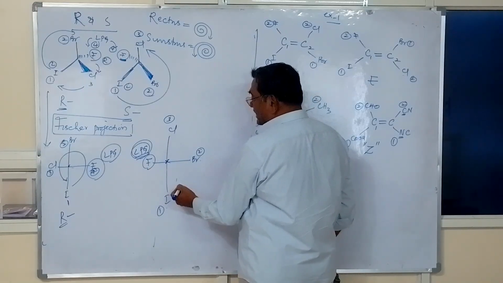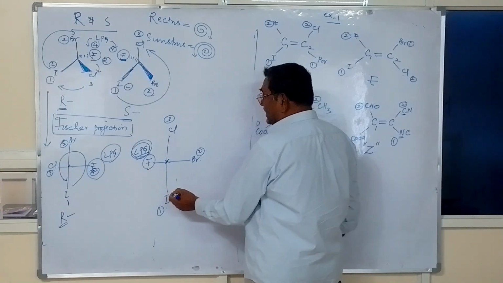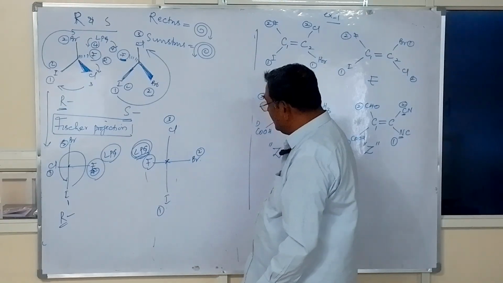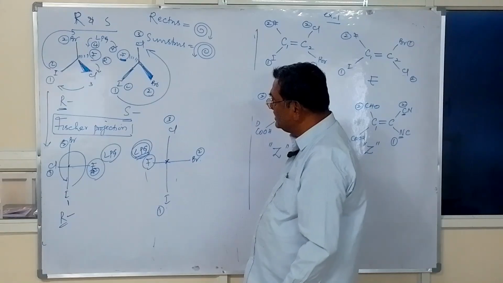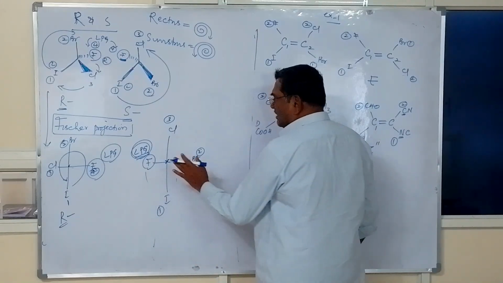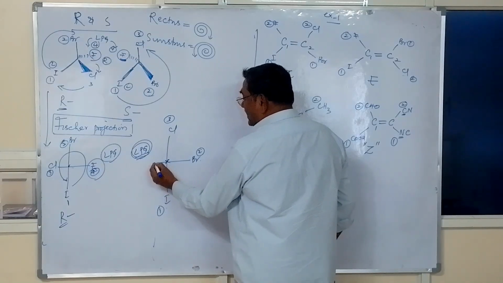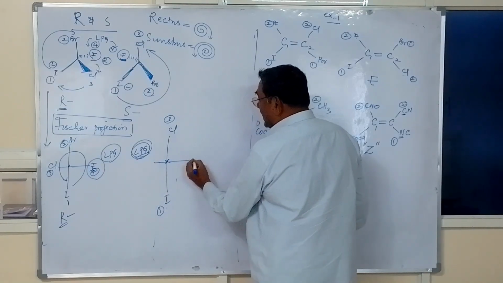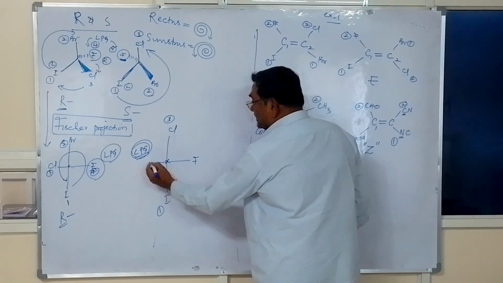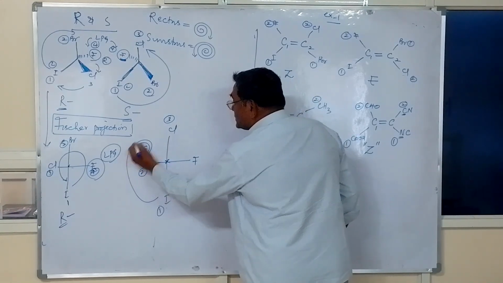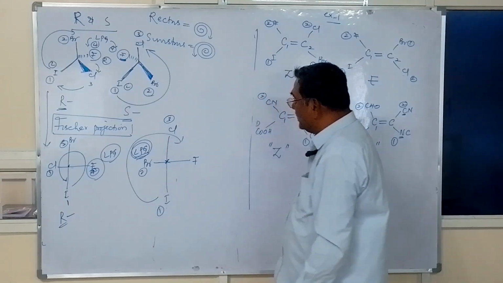Whatever is called here, it's anti-clockwise direction. No, children, there is a small rectification. Whenever it is going to be left side of this least prior group, we will write down this same way for this, and we will go for bromine in this direction. Now, it's going in this direction. What is this?